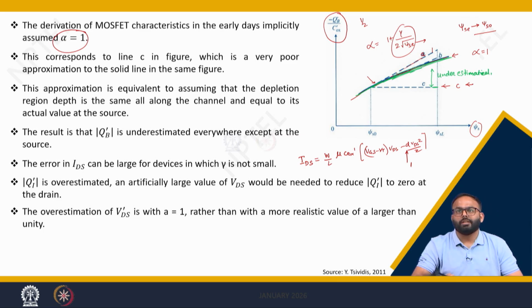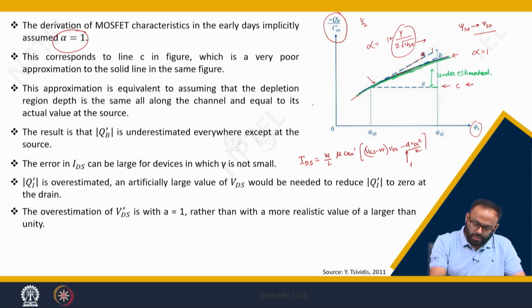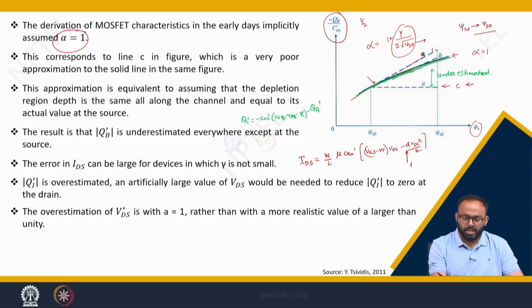You are underestimating the bulk charge. If you are underestimating the bulk charge, what about the inversion charge? It will be overestimated, because minus COX dash VGB minus V flat band voltage minus psi S minus QB dash. If this is underestimated, this will be overestimated. If QI is overestimated, meaning what? The current will be overestimated.